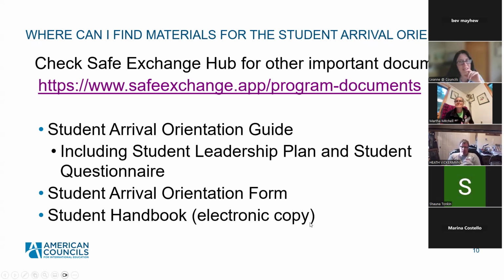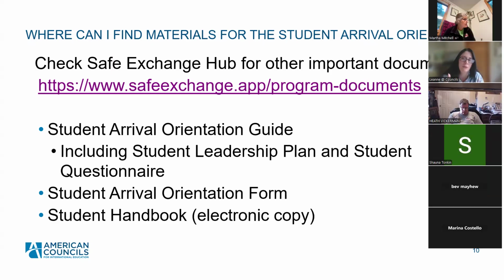I see your hand, Bev. Can you have a question? Yeah, this is a real basic question. Are these conducted with the host parents, or just one-on-one with the student and the LC? It's a good question. Some people do an orientation with their student arrival orientation.